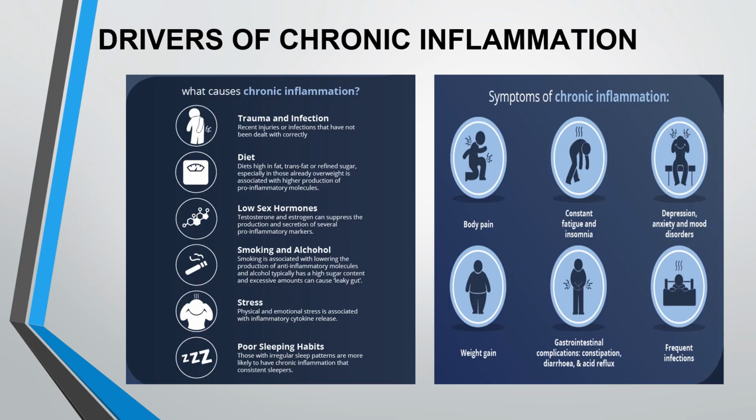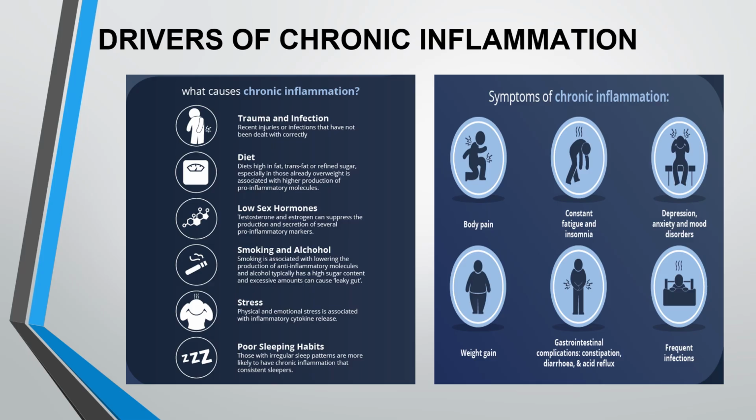This slide answers a very practical question. Why does inflammation not turn off? Chronic inflammation can be driven by unresolved trauma or infection, poor diet and metabolic stress, smoking and alcohol, chronic stress, poor sleep habits, or hormonal imbalances. And here's the important clinical concept. These drivers constantly stimulate cytokine release, keeping the immune system in a low-grade activated state.